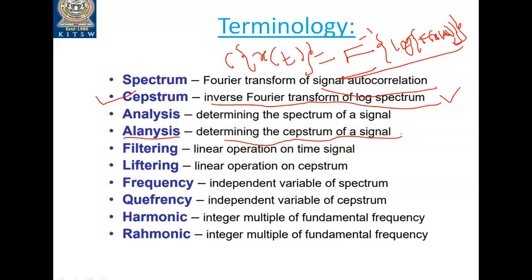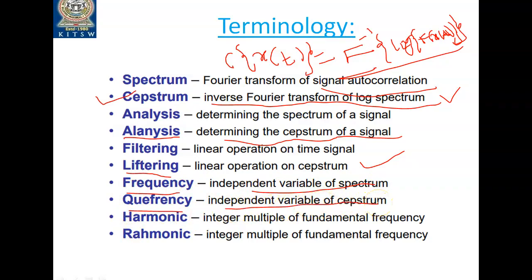That is the only difference. Similarly, filtering is a linear operation on the time signal, but in the cepstral domain we call it liftering, which is a linear operation on the cepstrum. And the independent variable of a spectrum is frequency, while for a cepstrum we call it quefrency.